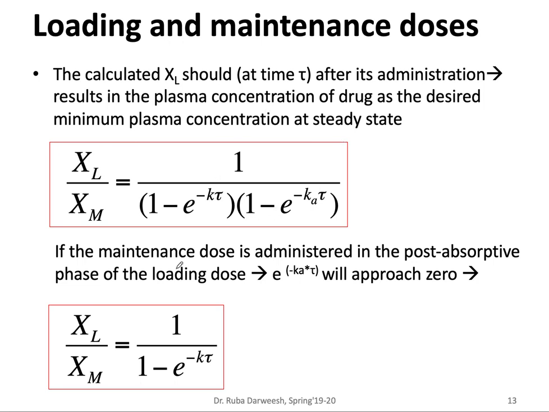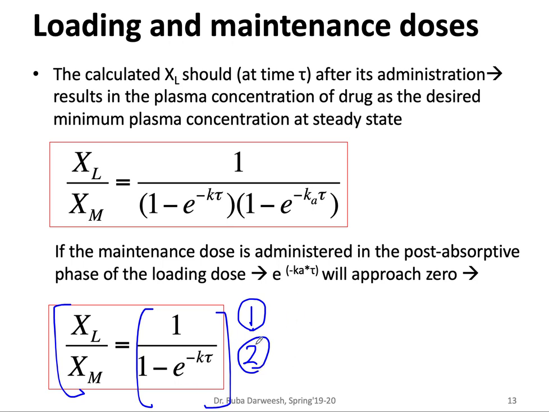So the same thing, the ratio of loading over maintenance will be equal to this term, which is similar to the accumulation under the assumption that we are talking about, rapid absorption, and the drug is taken for each dose in the post-absorptive phase, not before it.